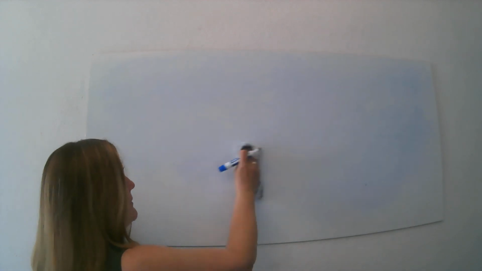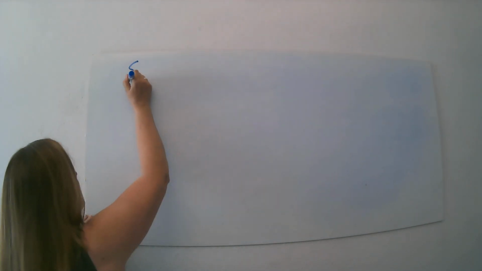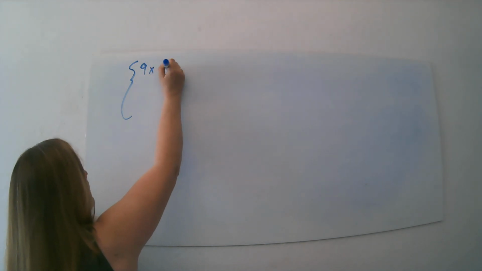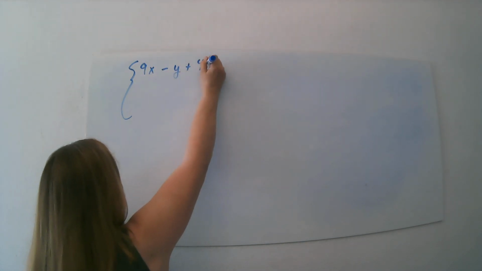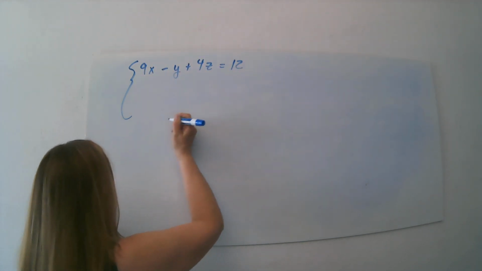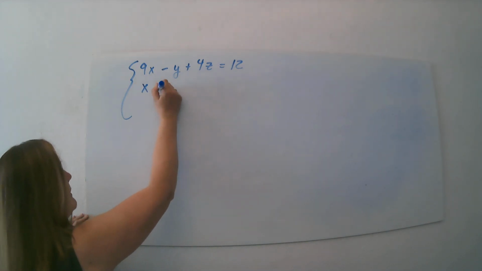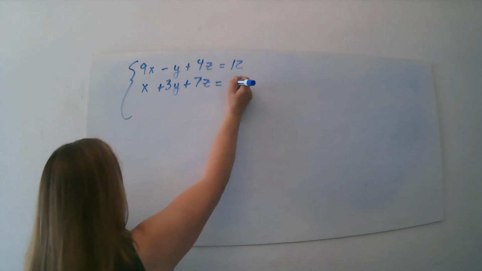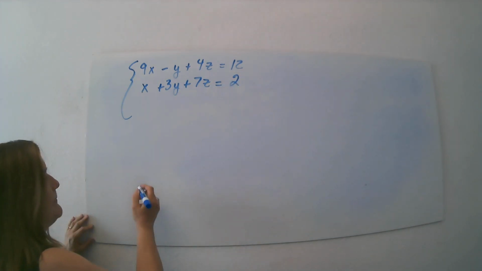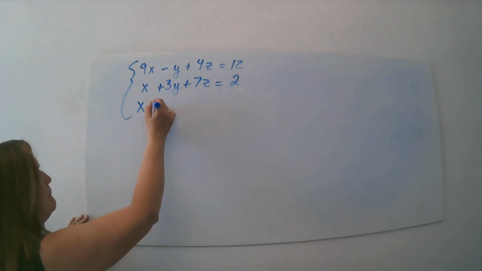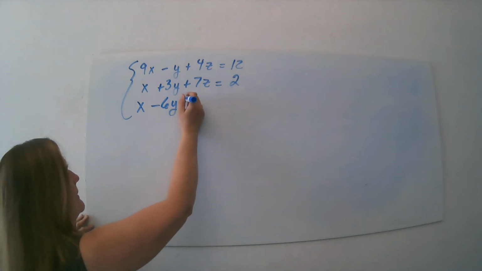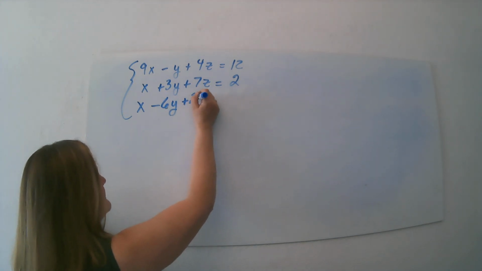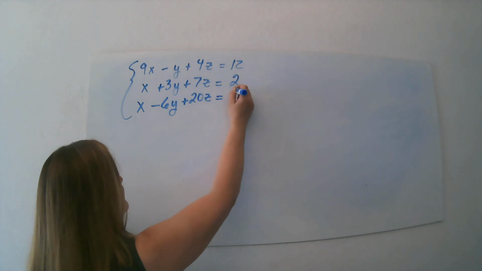We could start with a system that looks like this. Let's write a 3 by 3 linear system. 9x minus y plus 4z equals 12. X plus 3y plus 7z equals 2. And x minus 6y plus 20z equals 0.